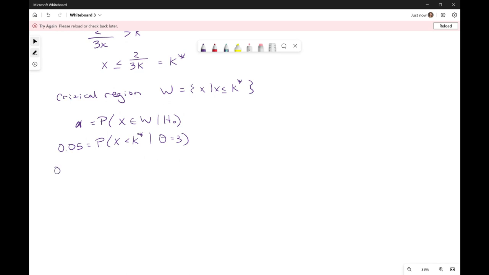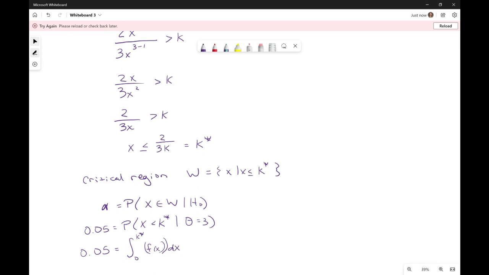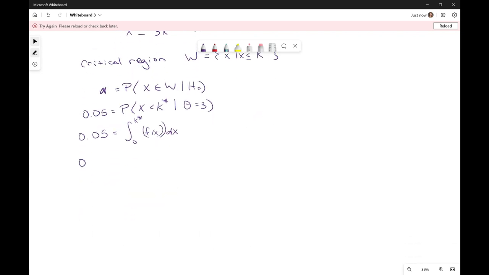So 0.05 equals the integral from 0 to K star of f of x dx. And what is our function? Well, just a minute ago, when we simplified up here, we determined that plugging in theta equals 3 gives us a function of 3x squared. So let's plug that in to K star of 3x squared dx.